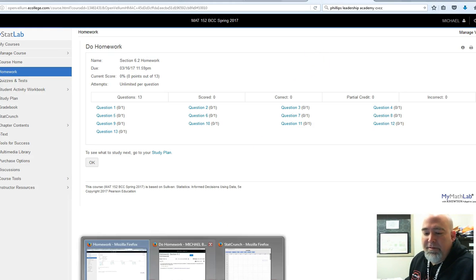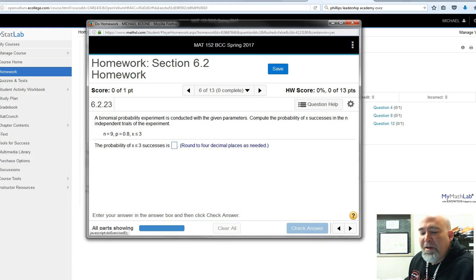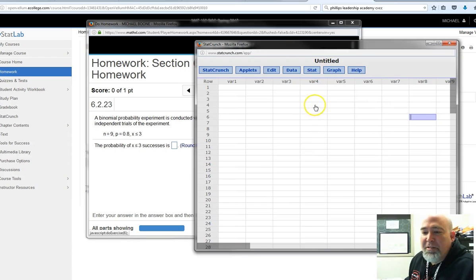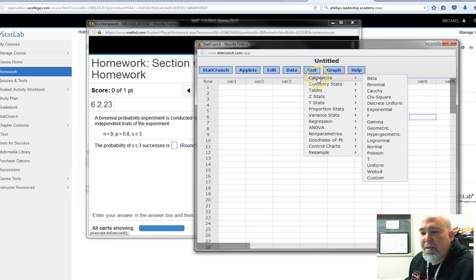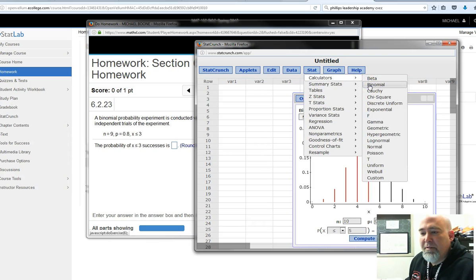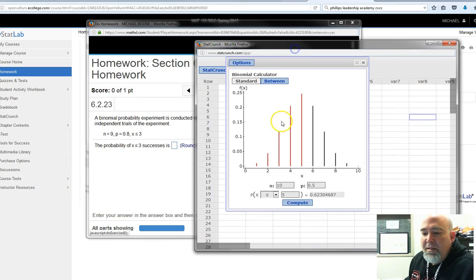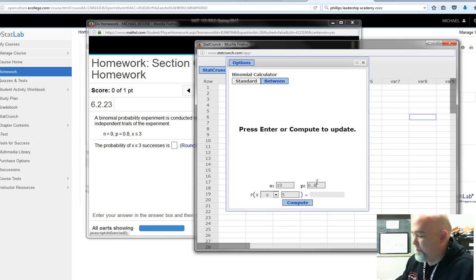So let's go back to free throws. Let's say that I'm a basketball player. To find binomial probabilities, I'm going to go to my binomial calculator, under calculators, binomial. Let's say I'm making 10 free throws, and I'm an 80% free throw shooter.